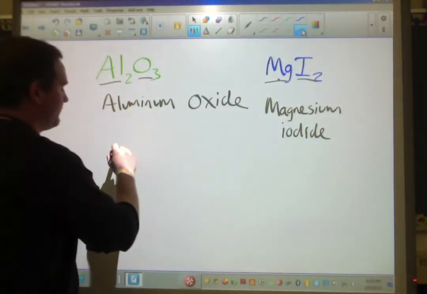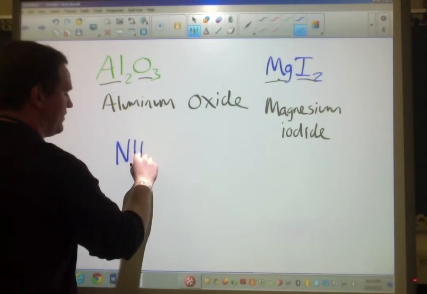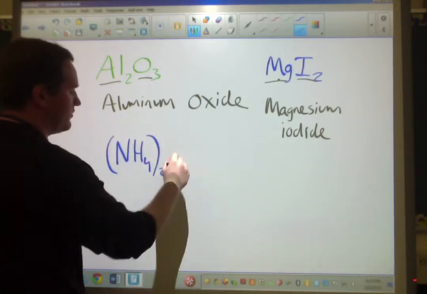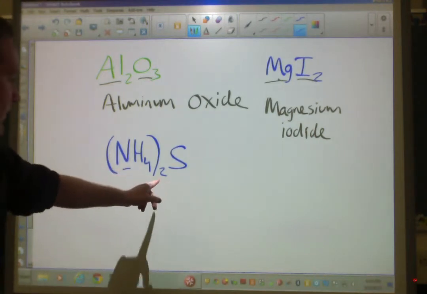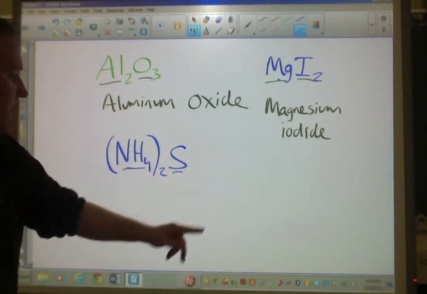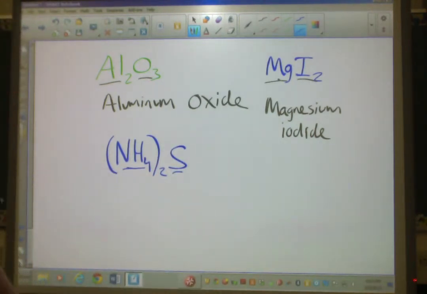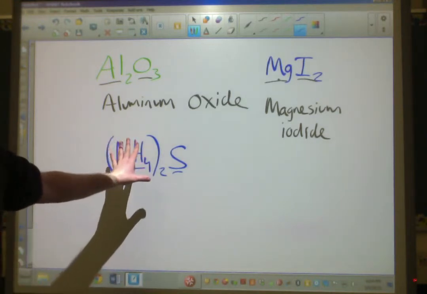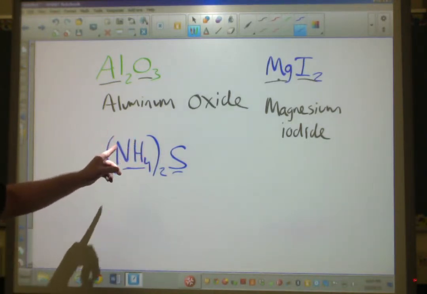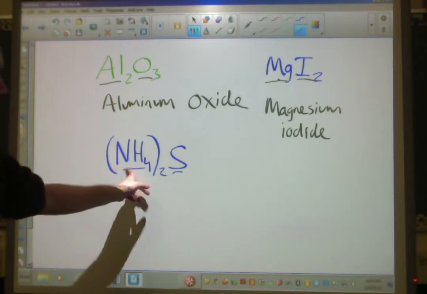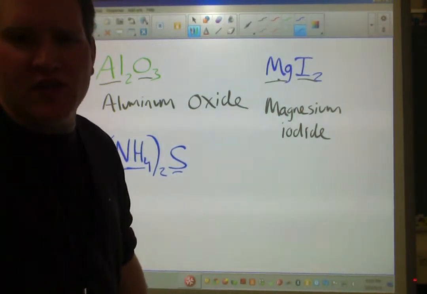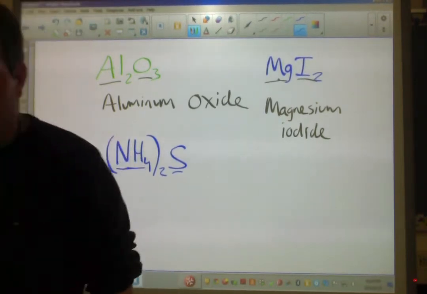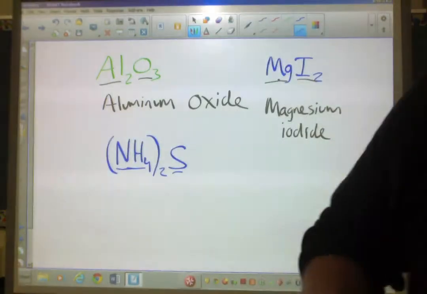Last example, (NH4)2S. Little trickier. This is ammonium. This is sulfide. In this case, we're not looking at a metal, but we're looking at a polyatomic cation. Does this term always have a set charge? Yes, it does. Ammonium is always +1.